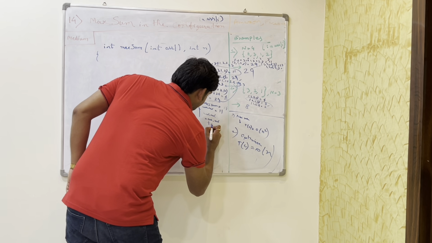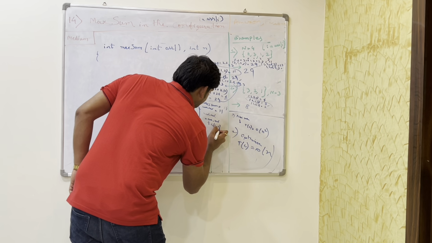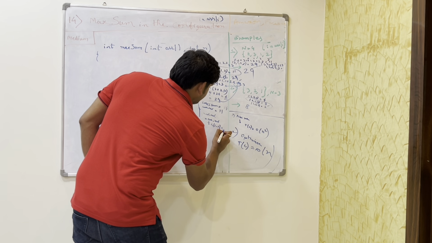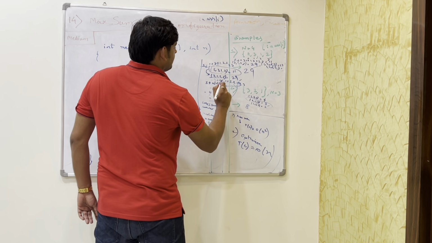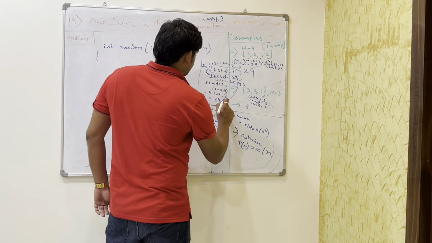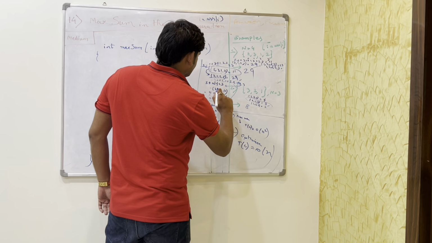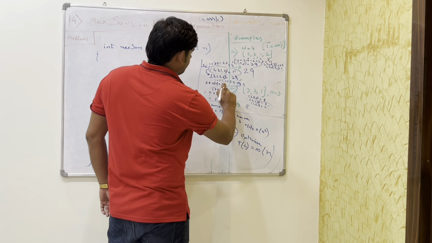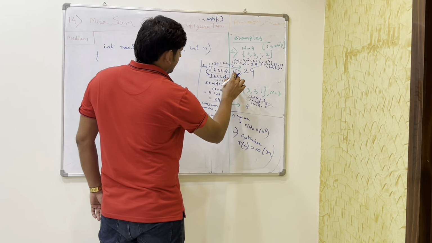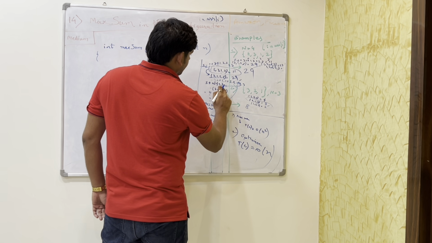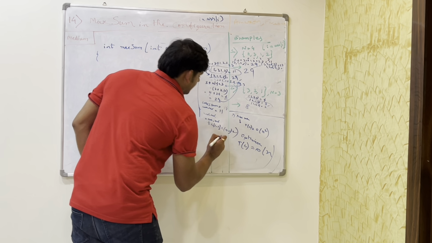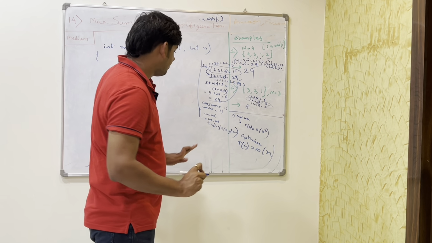So in this case, first rotation, 1 minus 1 into A of 0, into this 3, the number of rotations that we are going to do. If there are n elements, we will be doing n minus 1 rotations.